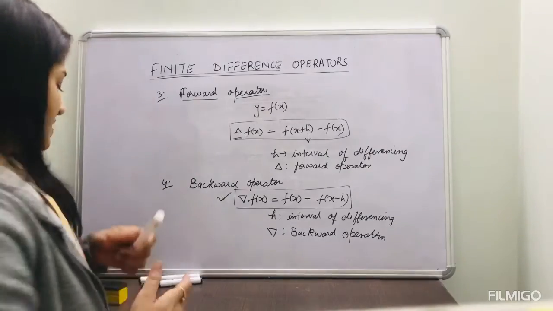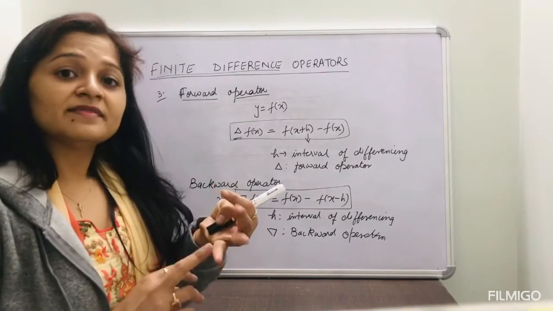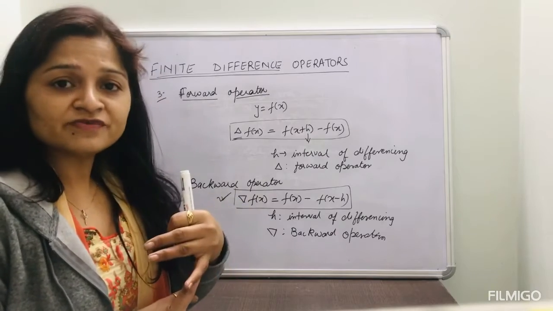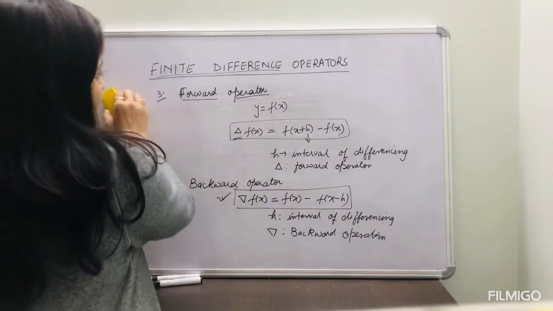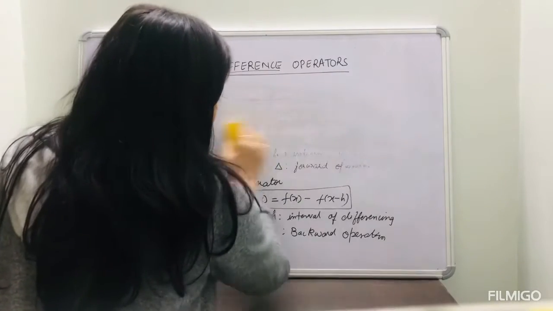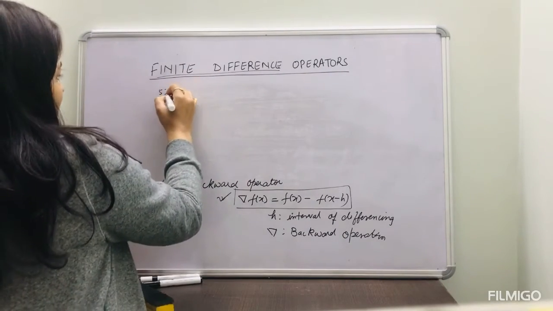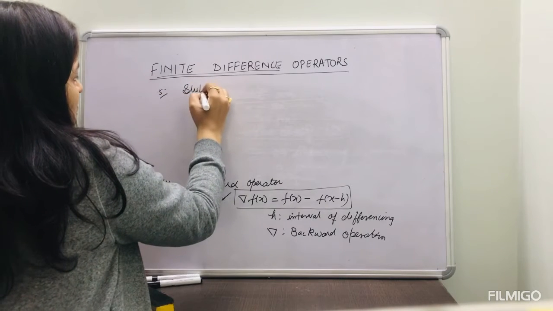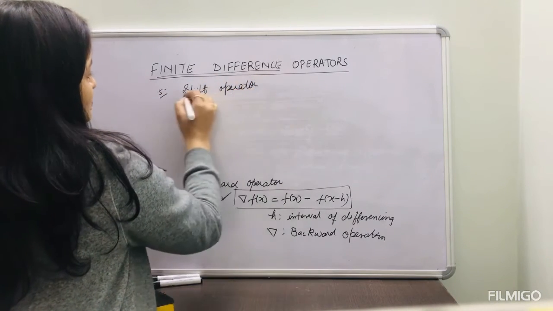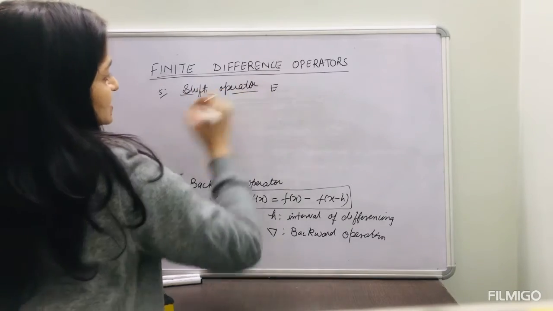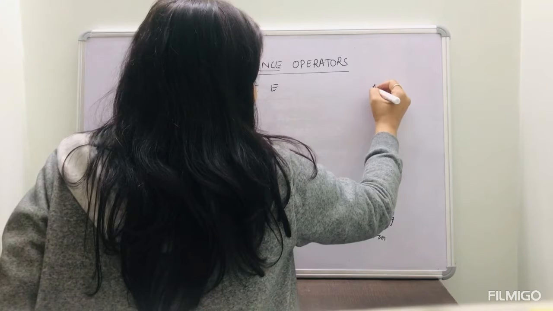Clear? Next, what we have studied is argument, then entry, then interval of differencing, forward operator, backward operator. Next we proceed to our next operator, which is shift operator. बच्चे शिफ्ट ऑपरेटर को हम लिखते हैं E से, ठीक। I'll write it down here, sum up what we have studied.